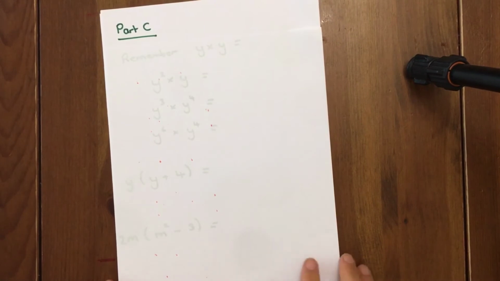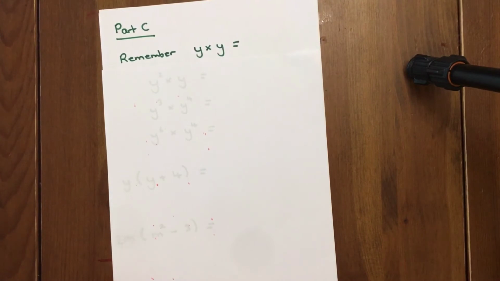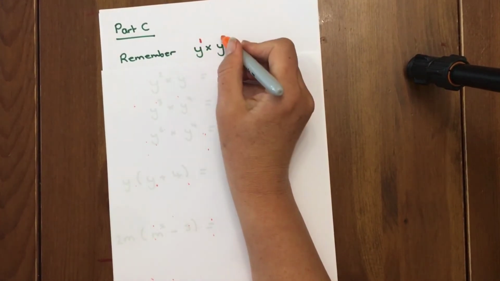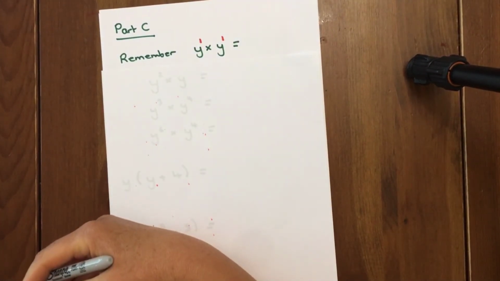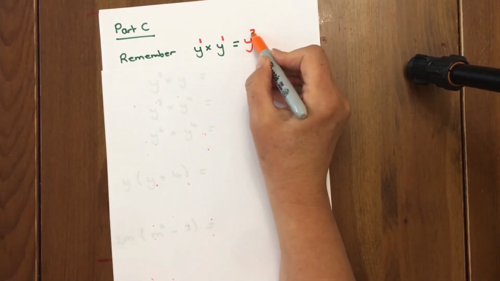Okay, now part C we're going to recap quickly on how to multiply numbers where we have the base is the same and we've got powers here, and the missing power is 1. So we did a lesson on this earlier, and what we do is we remember we add the powers.